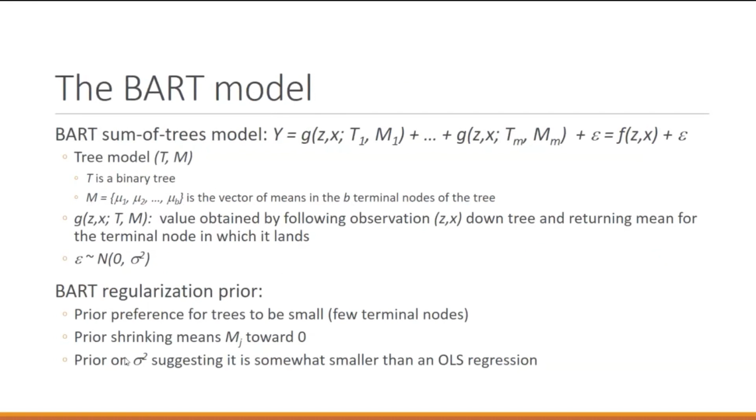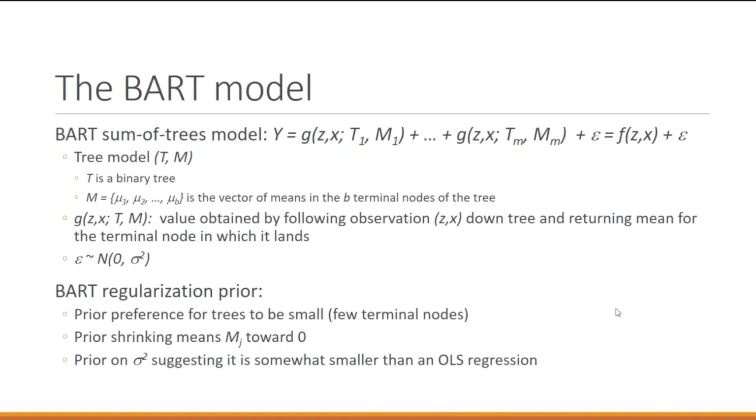The prior then, which is what makes the Bayesian form of this kind of nice, is there's a prior preference for the trees to be small, so not very many terminal nodes.